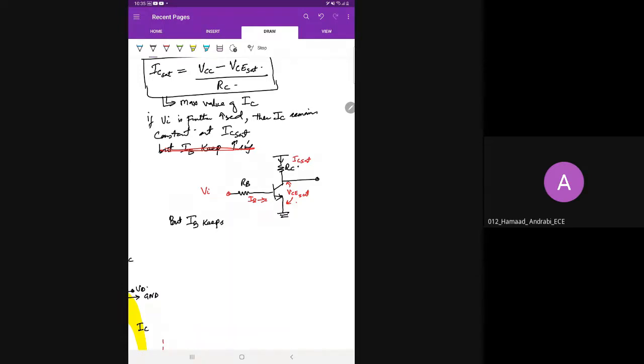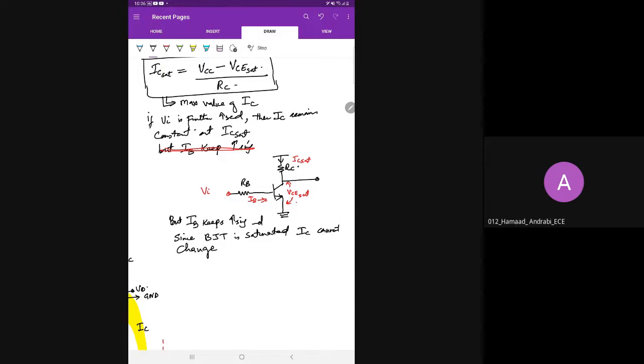Okay, IB keeps increasing, and since BJT is saturated, IC cannot change. तो एक कंडीशन ऐसी आ रही है, IB is increasing because Vin is increasing, but BJT is saturated. ये थक गया है अब. It can provide you maximum current. IC cannot change.